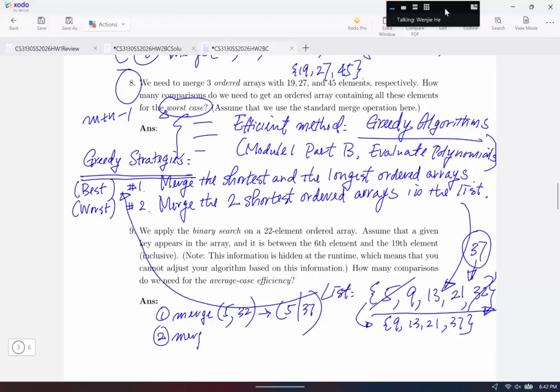Step 2, same strategy. Merge shortest 9, longest 37. You get the minimum of the 2 numbers, that's 9. Sum of the 2 numbers, 46. Cross out, but you need to insert 46. Step 3, merge shortest in the list, 13, longest, 46.